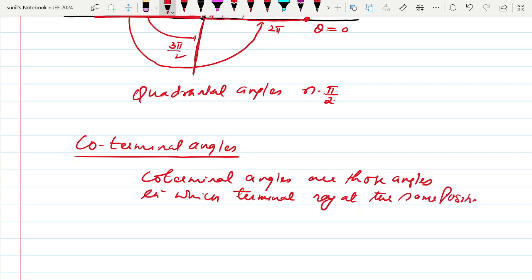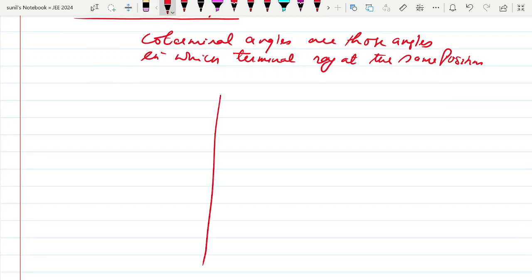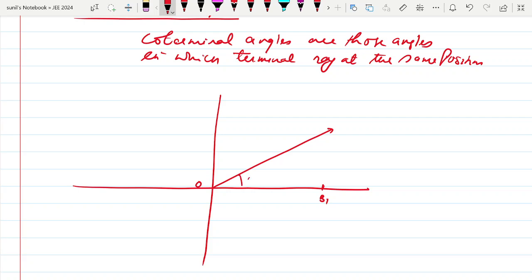Now let us understand it. Suppose this is your coordinate plane, and this OB1 is your initial ray, rotated through an angle theta to obtain this terminal ray. Is it the only angle for which we obtain this terminal ray? We have infinitely many angles which have the same terminal ray, say OA.